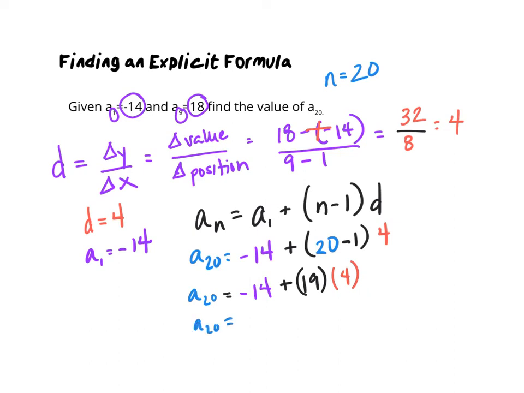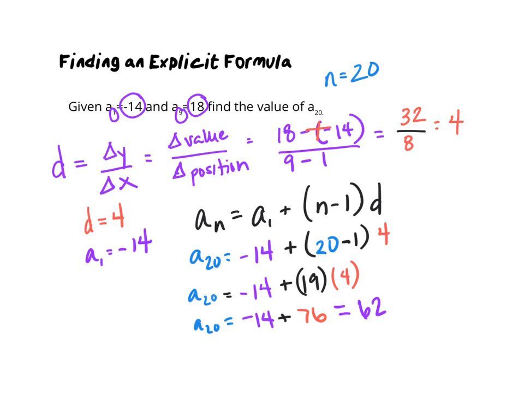A20 is equal to negative 14 plus 19 times 4, which is 76. And if we add negative 14 plus 76, we're going to get 62. And so that means A20 has a total of 62.